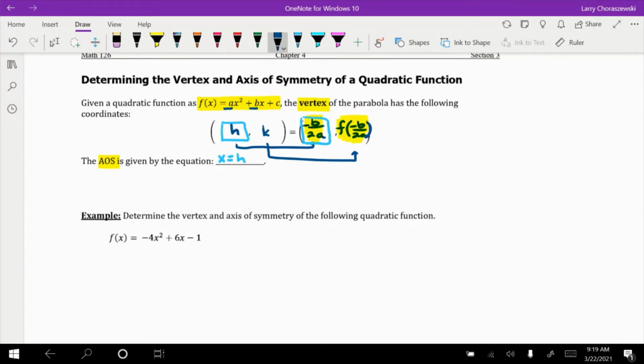What also is cool about these formulas is that it gives us a way of rewriting our quadratic function into something called vertex form. And the vertex form of a quadratic function goes like this: f of x equals a, open up a set of parentheses, x minus h quantity squared, plus k.